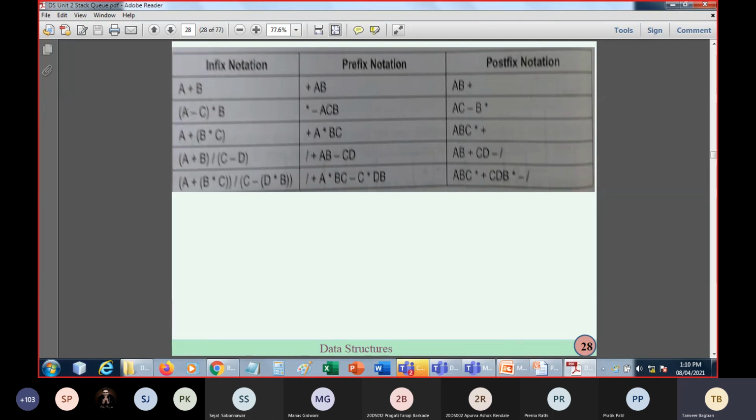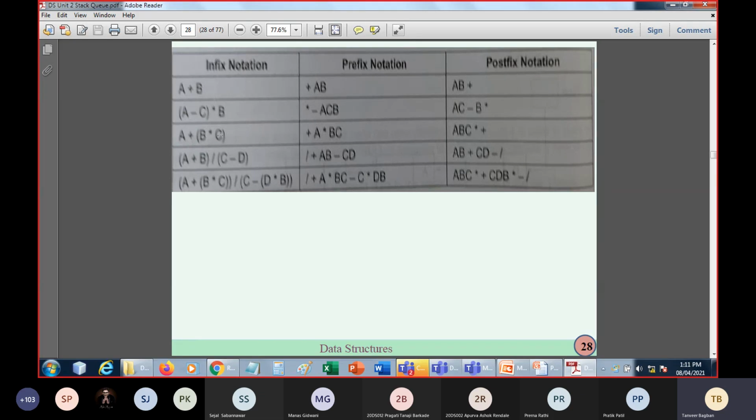So A minus C: when you convert this infix into the prefix, minus comes first. So it is going to be minus AC, and then this multiplication comes last. This multiplication is outside of this, so multiplication then minus AC.